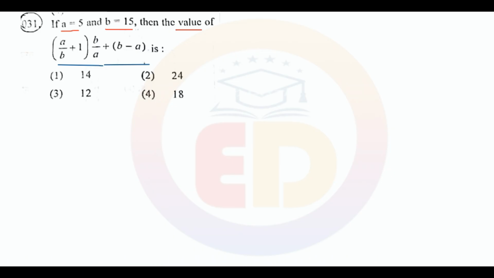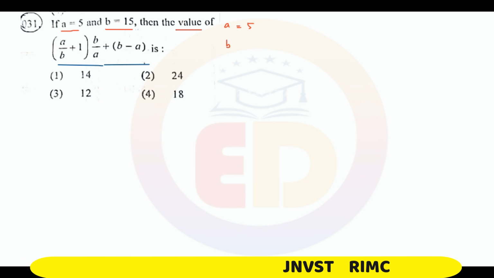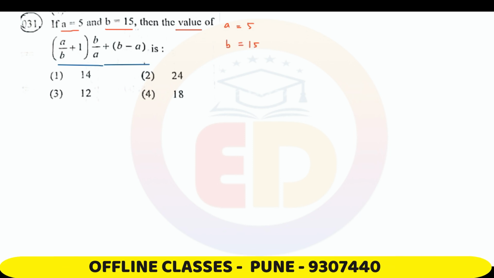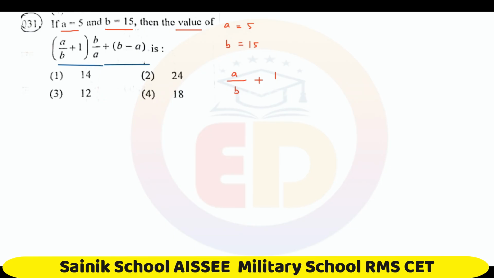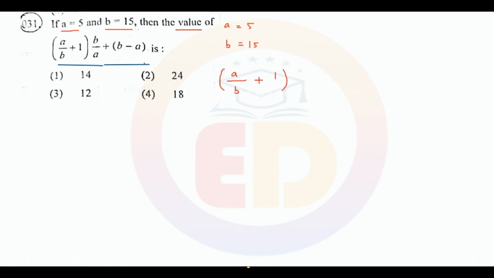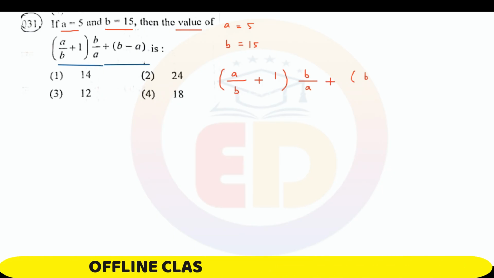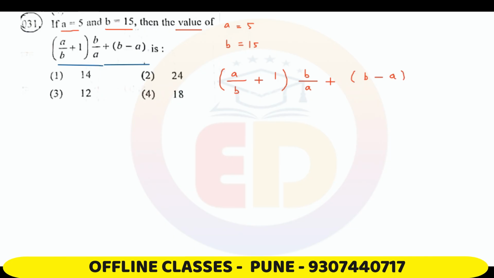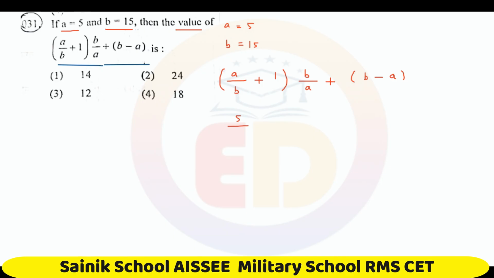Let us substitute A is equal to 5 and B is equal to 15 in this equation and find out the answer. The equation is A upon B plus 1 bracket B upon A plus bracket B minus A. Let us substitute the value of A as 5 and B as 15.